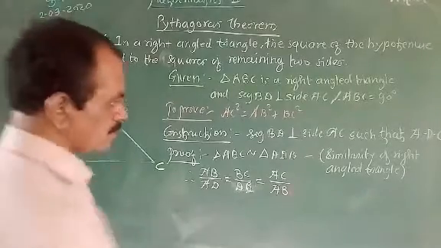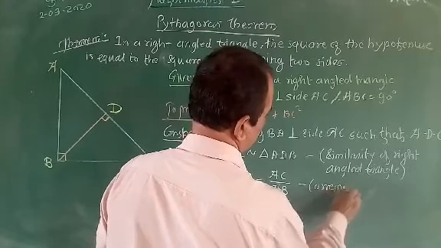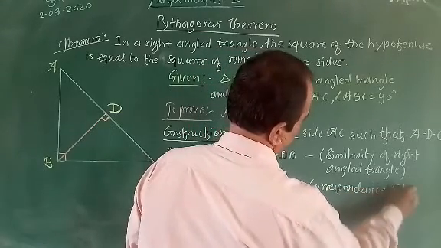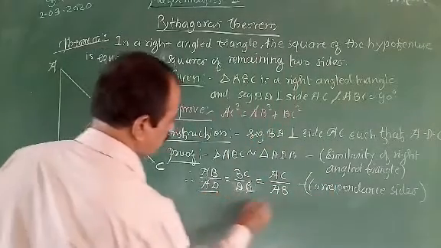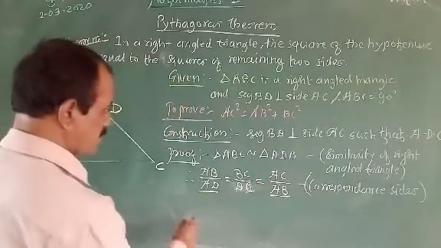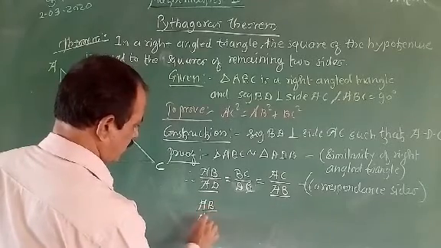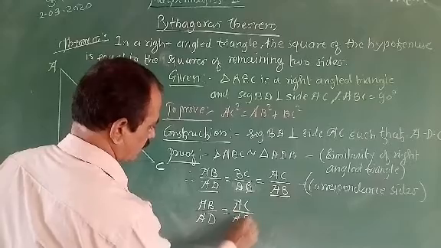Out of which we take these two. That means AB upon AD is equal to AC upon AB.